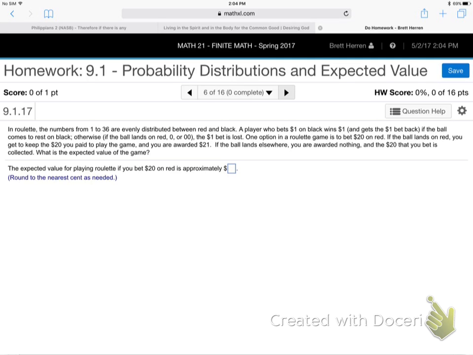So here we have an exact one. So you guys understand how the roulette thing goes, right? So 1 to 36 are red-black mix. And then there's 0 and double zero, which are green on the roulette wheel.